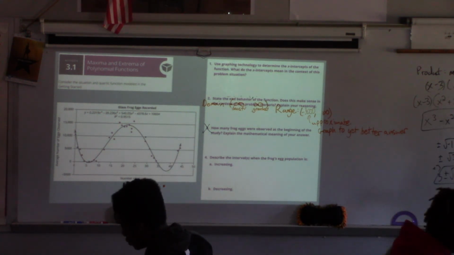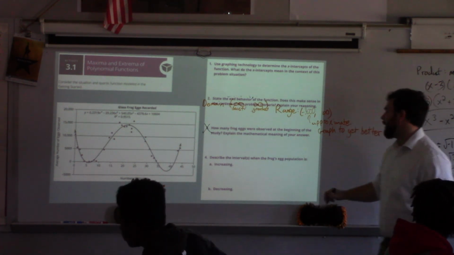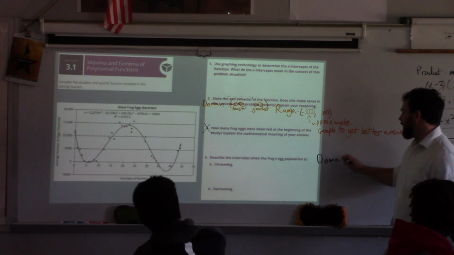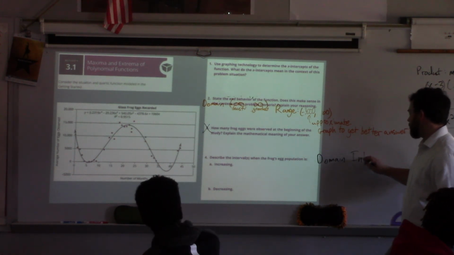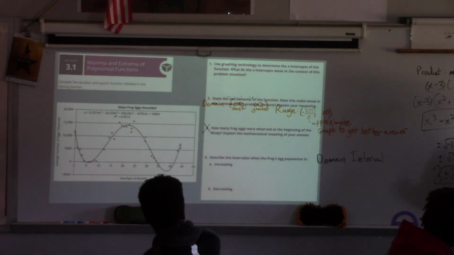When we talk about increasing and decreasing, I'm going to go ahead and define this because we haven't seen this show up yet. What I am talking about is I am looking for a domain interval. So when I write the interval, what numbers am I going to be putting in that interval notation? X values.